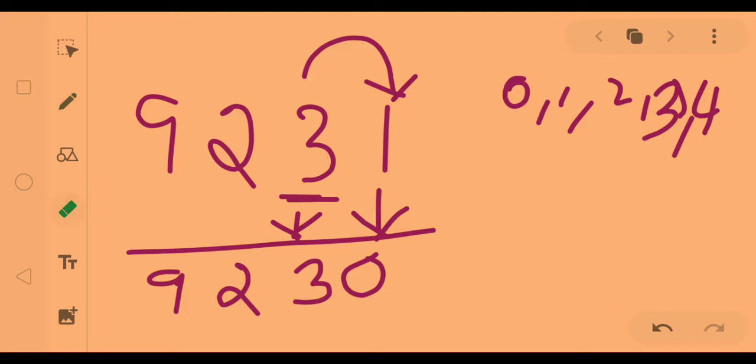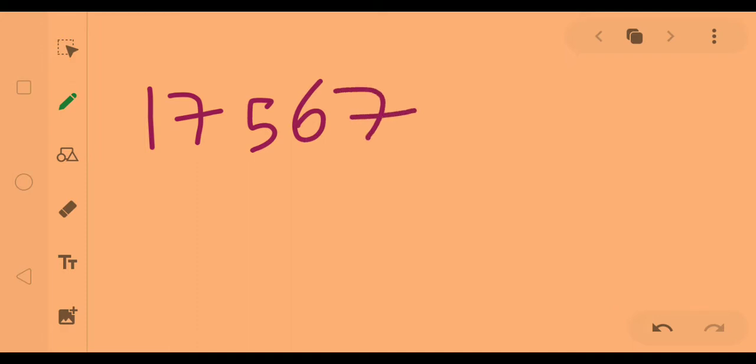Let us take a few more examples. Let's take 17,567. We are rounding this number to the nearest 10. First step, we underline the tens place digit, and then we move back to the previous place digit, which is 7.